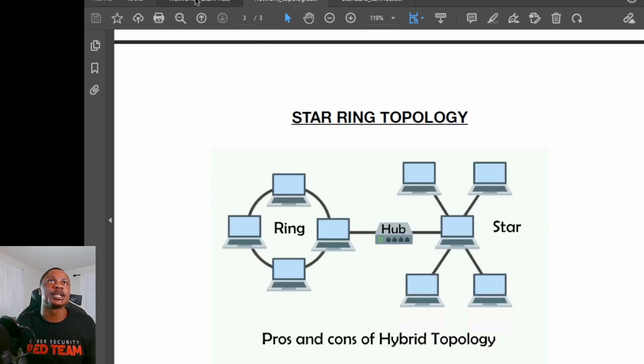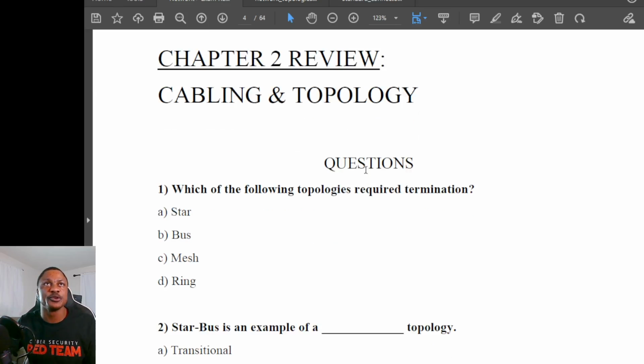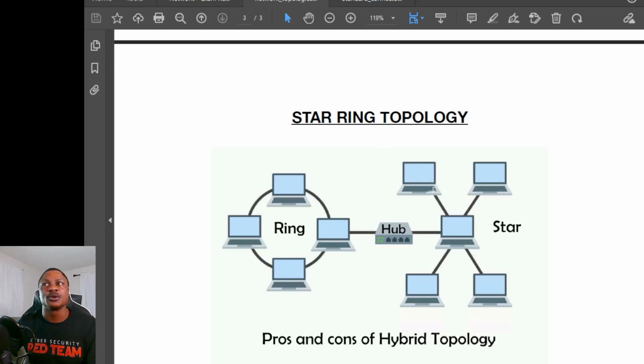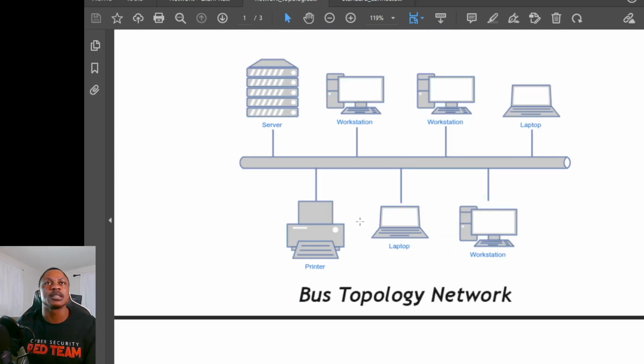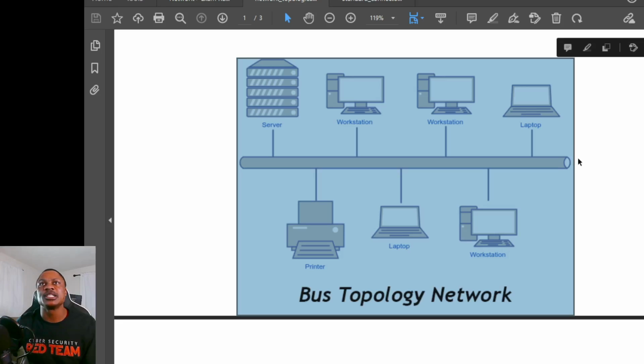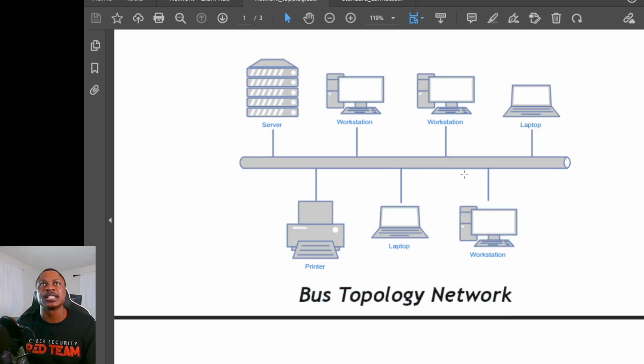So now we can go back to the chapter 2 review. Question 1 was asking, which of the following topologies requires termination? If you remember, the topology that requires termination is the bus topology. The bus topology requires termination on these ends.